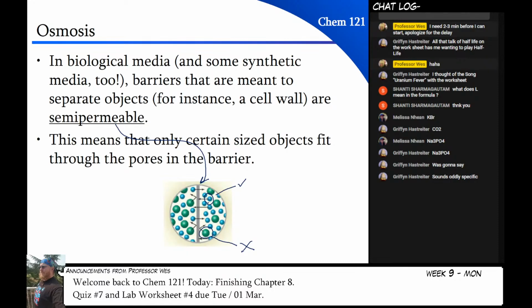Generally speaking, this is restricted by size. The holes are only so big for particles to slip through. However, you can also make something semi-permeable with regards to, say, charge. So ions could or could not flow through a membrane, whereas something that was neutral could. Cell membranes are like this. Water can generally flow through certain channels in the cell membrane, but ions can't because it's semi-permeable for specific substances.